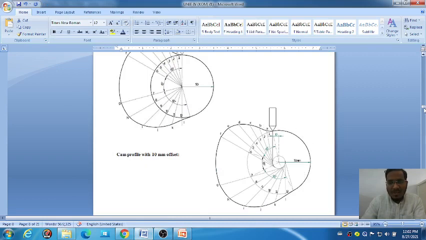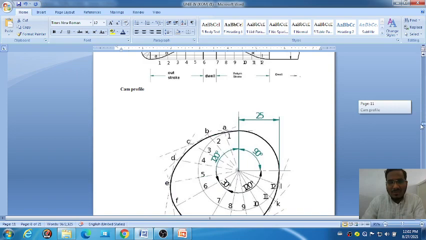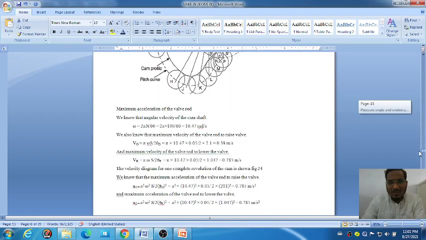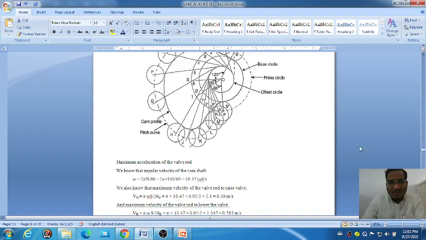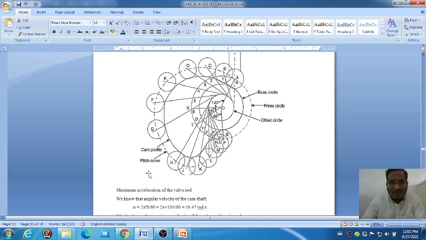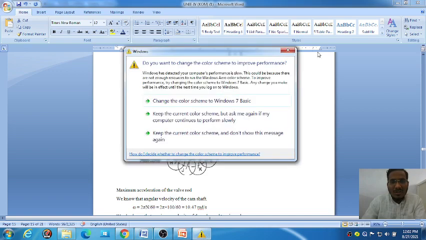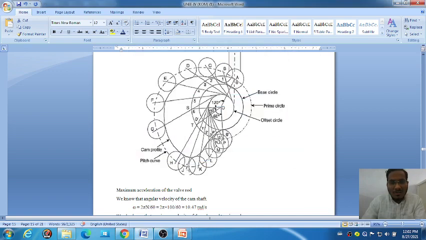Okay, this is called the pitch curve of the cam. Because of the pitch curve, the follower will move; the axis of the follower will move along the center of the pitch curve. Okay.